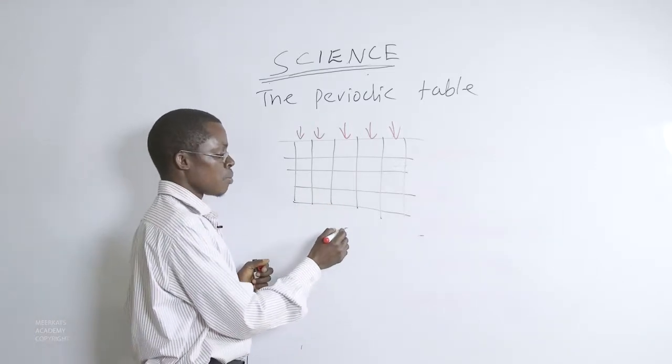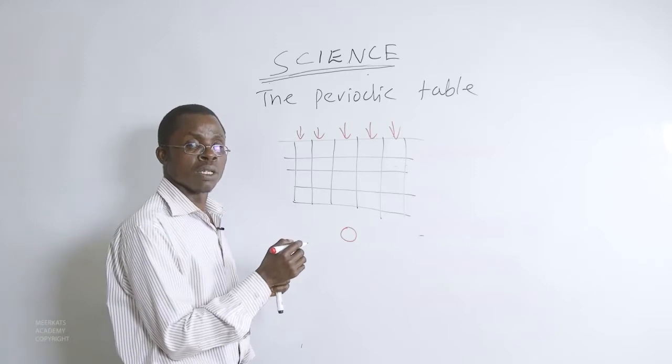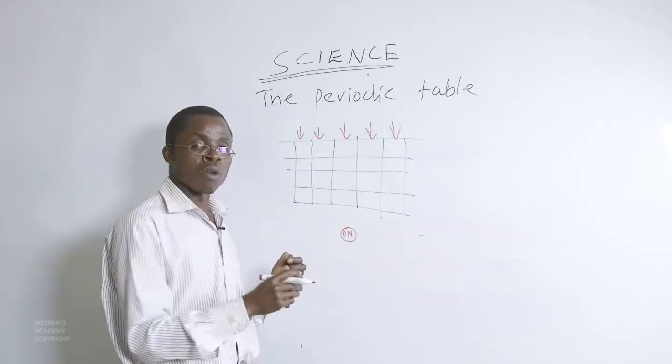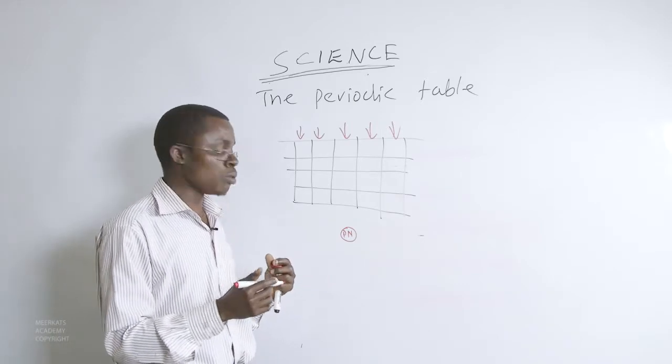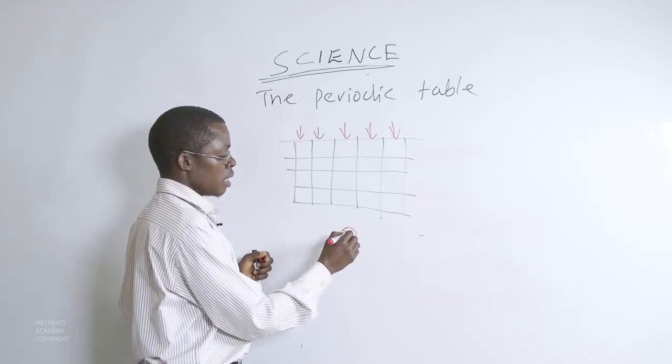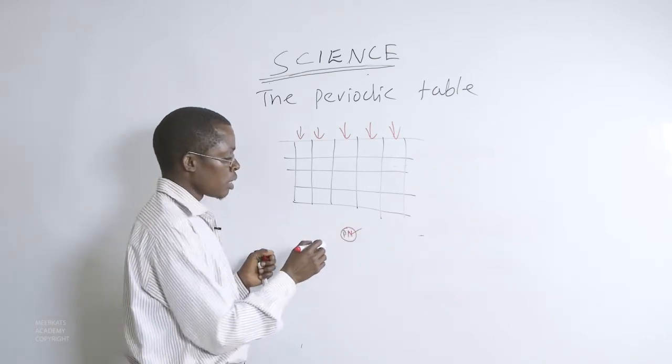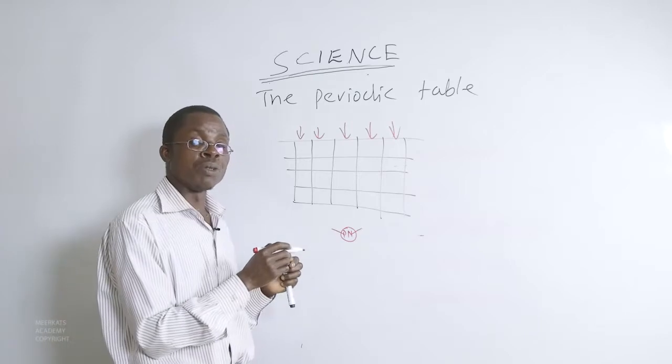Atoms have a center part, which is the nucleus, which carries protons and neutrons. You remember in 1932, James Chadwick discovered the neutrons, because previously only the protons had been known.